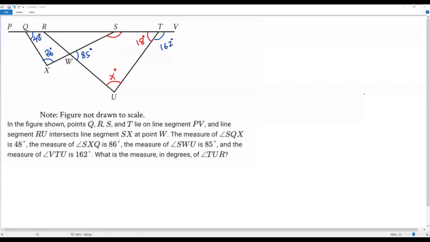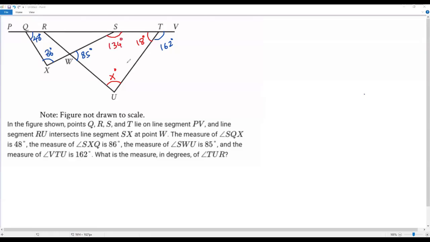In triangle QSX, the interior angle adjacent to this exterior angle is not considered, only these two are the remote interior angles. So I add the two remote interior angles, 48 degrees and 86 degrees, and I am getting 134 degrees.